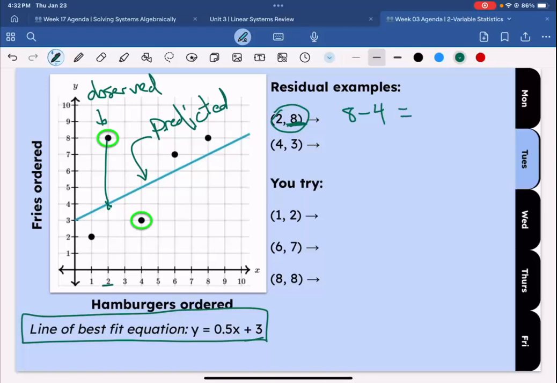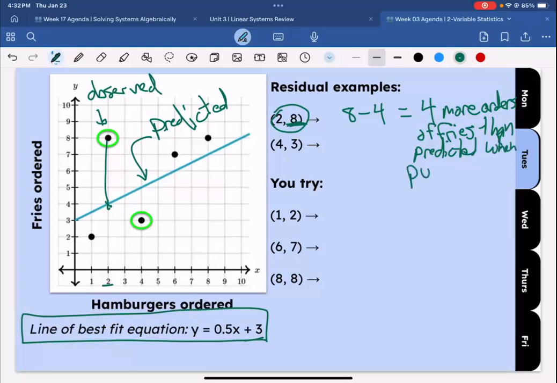We would get a residual of 4, which means that we have 4 more orders of fries than predicted when 2 hamburgers are ordered.